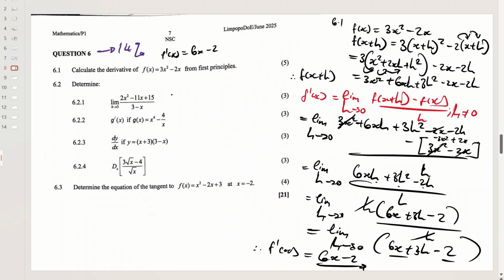So now, next question. This is not first principle. What is this? This is the limit concept, when they introduce you into calculus. This is the first concept that you will have to deal with.